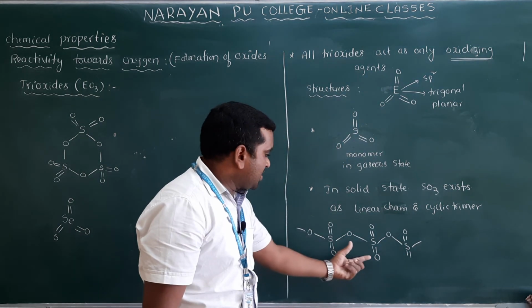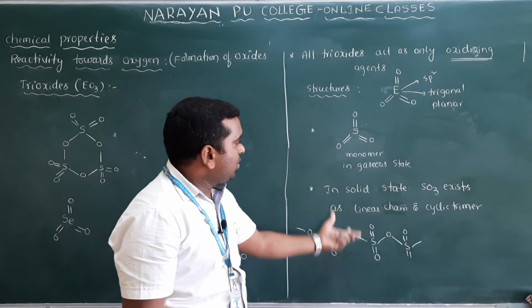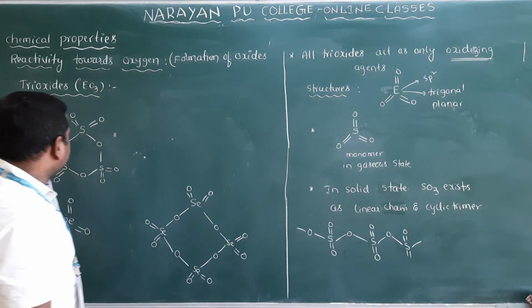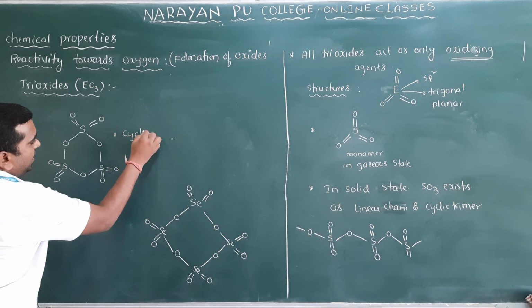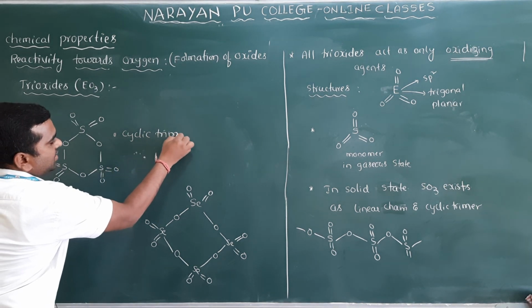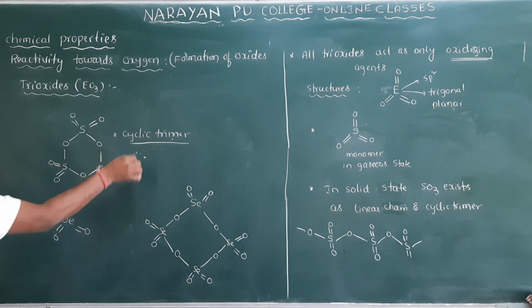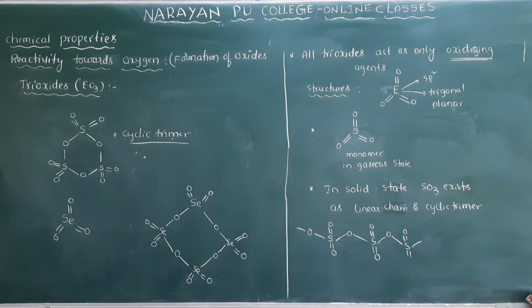This is the linear chain of the SO3 molecule, and this is the cyclic trimer.